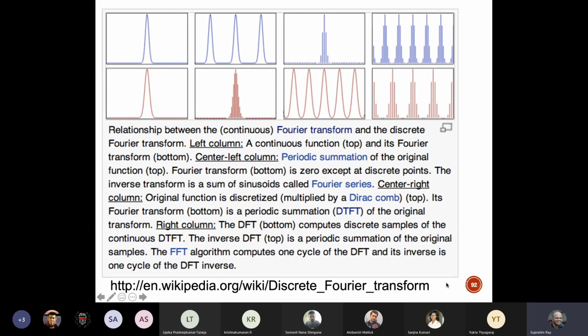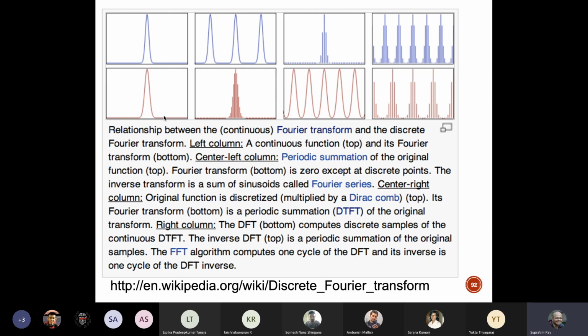Okay, so let's do a quick review of what we have learned, and then we will start playing with the data. What we learned over the last almost 7, 8 classes is that there are different types of Fourier analyses that you do depending on the type of signal, and there are essentially four varieties that we talked about.